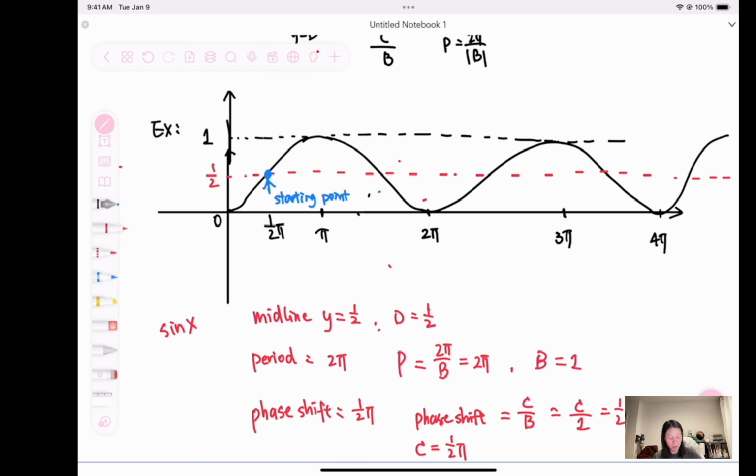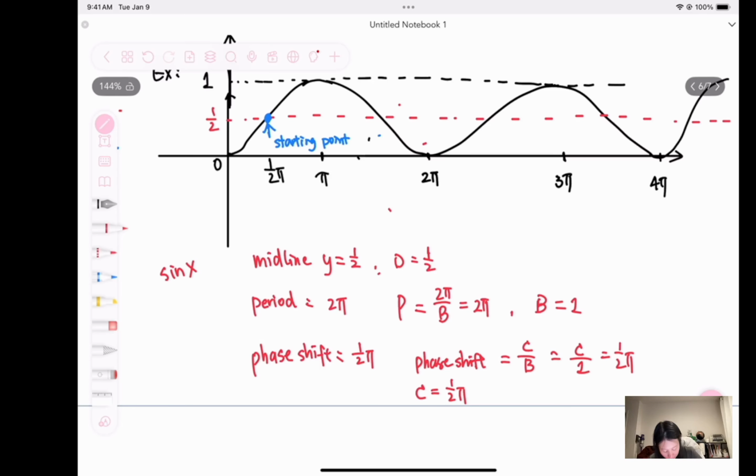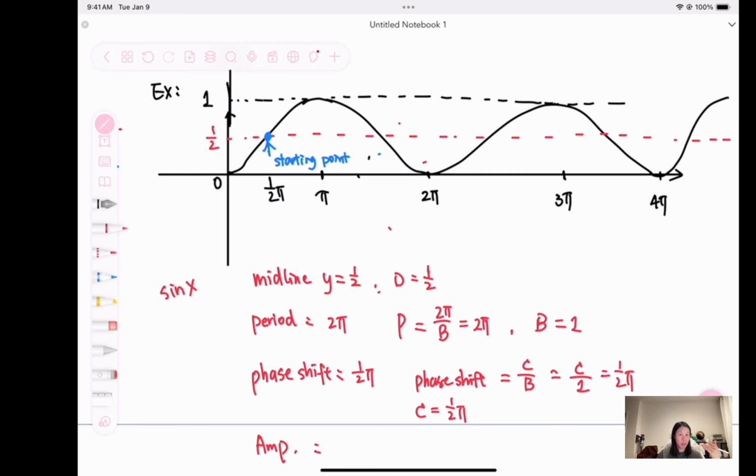Well, what's next? Next is the amplitude. Amplitude is the maximum to the midpoint, or the midpoint to the minimum. By observing, this part, the lowest point to the midpoint, is the amplitude.